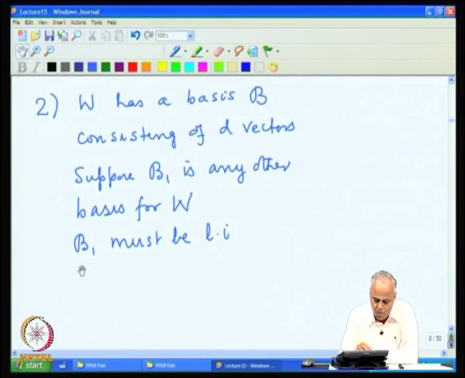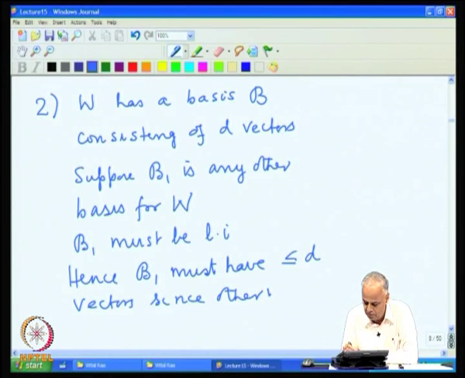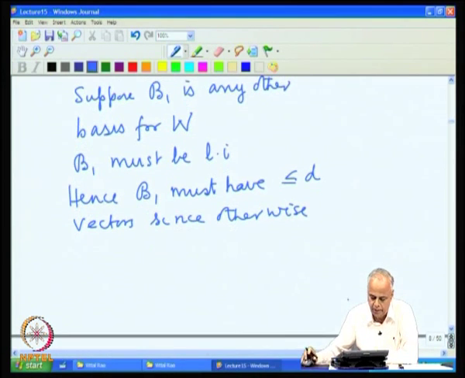Therefore, if B1 has more than d vectors, it will become linearly dependent, but since B1 is a basis, B1 must be linearly independent. Hence, B1 must have less than or equal to d vectors, since otherwise it will be linearly dependent.